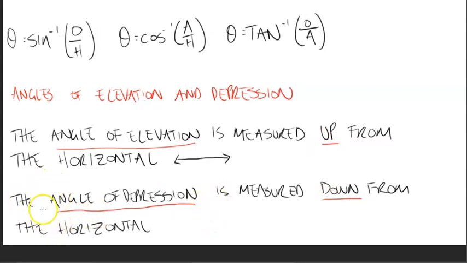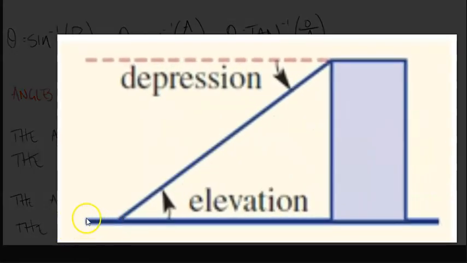The diagram that I'm going to show you now is the best way to visualize this. This diagram here, just taken straight from the textbook, shows that the horizontal line, when measured up from it, will be the elevation. There is also another horizontal line here, and when you measure down from that horizontal line, this is considered the depression.